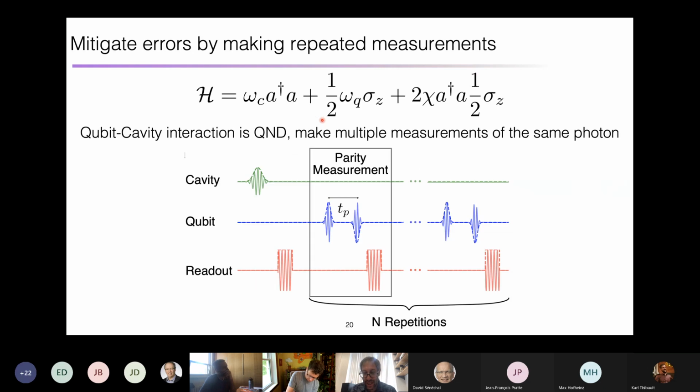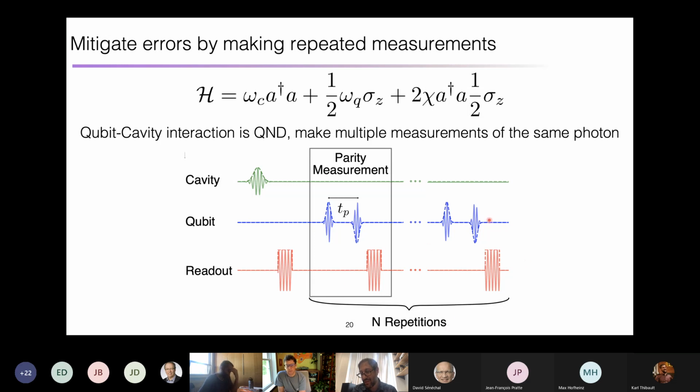Okay, and so now what we want to do is come up with a way of doing that, and the basic idea is to use the fact that this is a QND measurement, so that we can measure the same photon many times. If we have error in our qubit readout, we can take n measurements and check which is most consistent: having no photons in the cavity, or having one photon in the cavity.